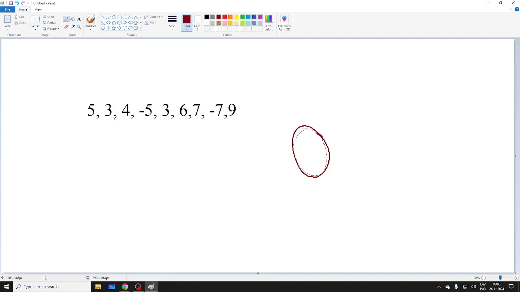So how would the brute force algorithm work? Well, it would take the first number and then check the sum with every other number.